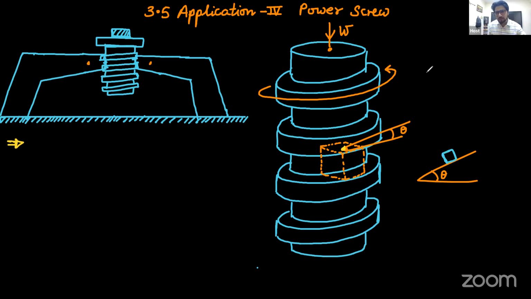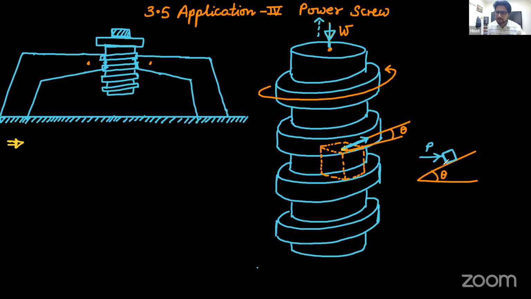When you are rotating the screw in anti-clockwise sense, you are effectively moving it up the plane. As this screw is moved up the plane, the weight kept over it goes upward.